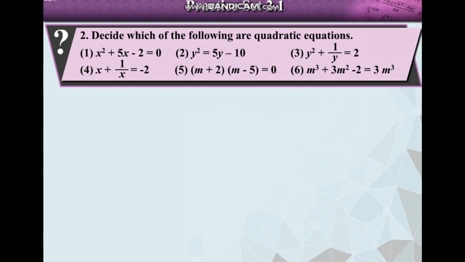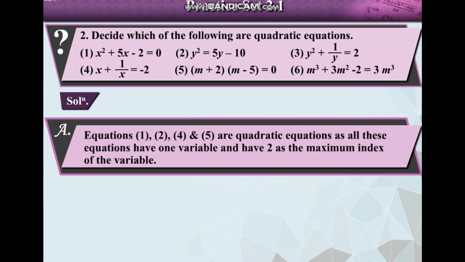2. Decide which of the following are quadratic equations. 1. x² + 5x − 2 = 0. 2. y² = 5y − 10. 3. y² + 1/y = 2. 4. x + 1/x = −2. 5. (m + 2)(m − 5) = 0. 6. m³ + 3m² − 2 = 3m³.